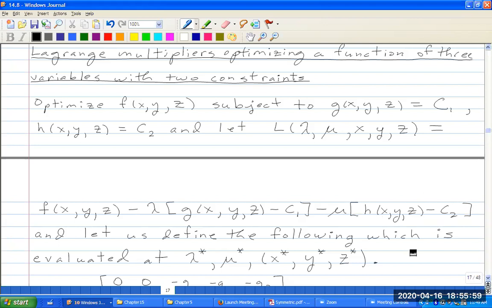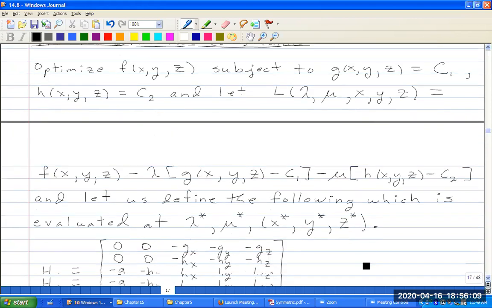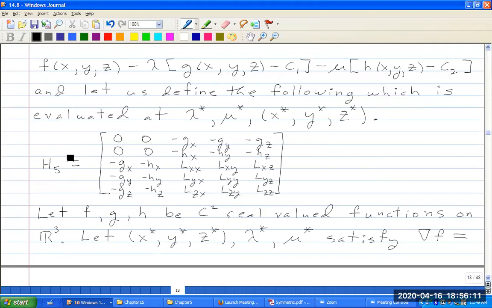And let us define the following, which is evaluated at lambda star, mu star, x star, y star, z star. So H sub 5 is equal to, well, you'll have a 2 by 2. You have two constraints, so this is a 2 by 2 zero matrix.